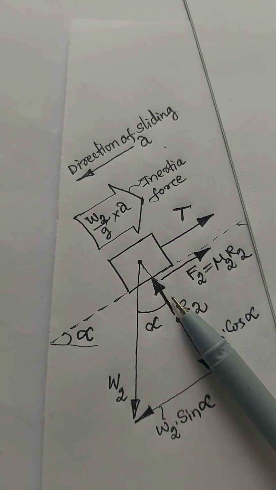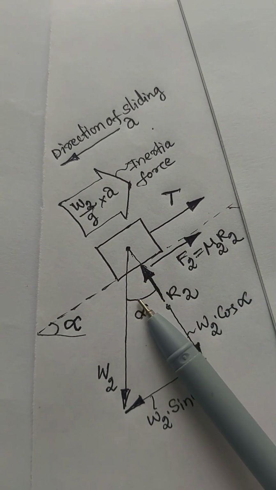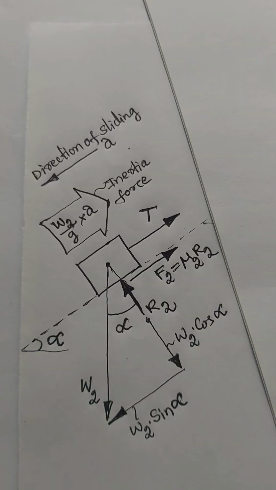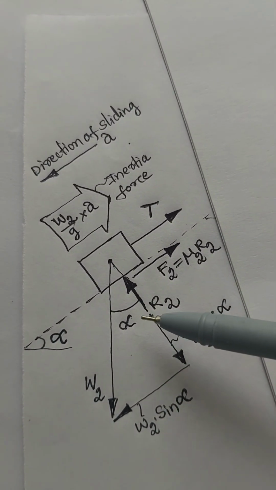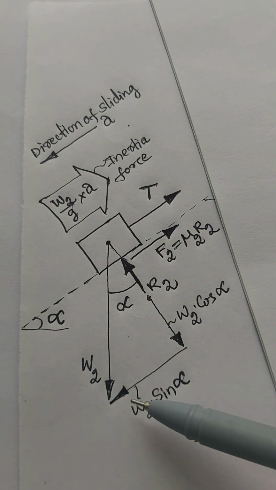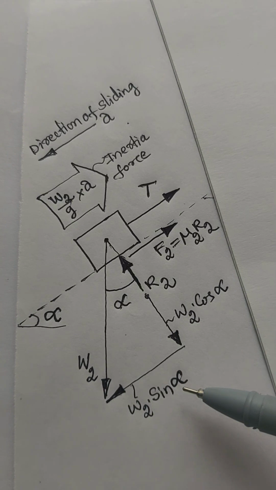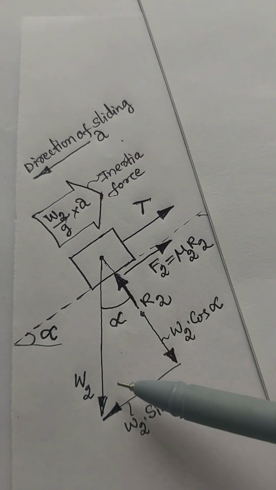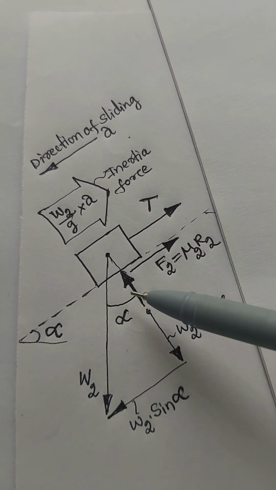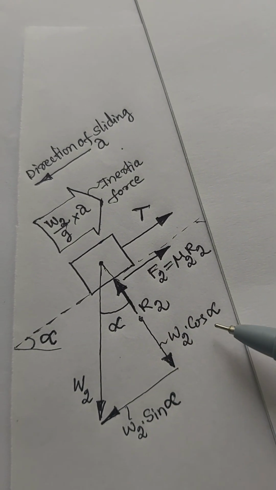Between normal reaction force R2 and weight force we have to consider the alpha angle of inclination. By following this angle, for this inclined weight force we can estimate the opposite component W2 sin alpha. For the same W2 force we can find the adjacent component W2 cos alpha.